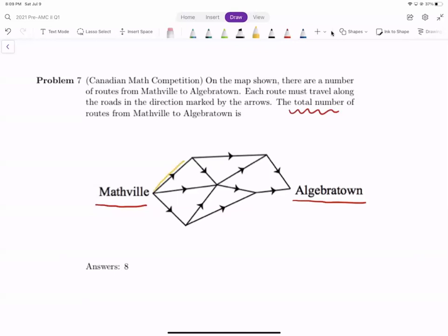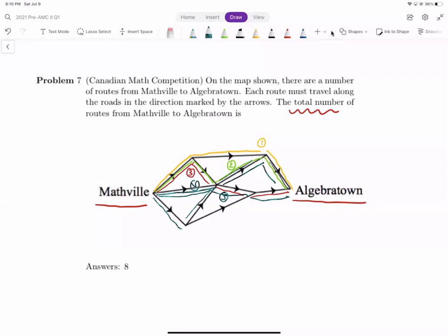So first of all, this is one way, right? And then you can also do this, this. So this is 2 ways, right? And then you can do this. So this is the 3rd way, right? And then of course you can do this, which is the 4th way, and you can do this, the 5th way, and you can do this one.